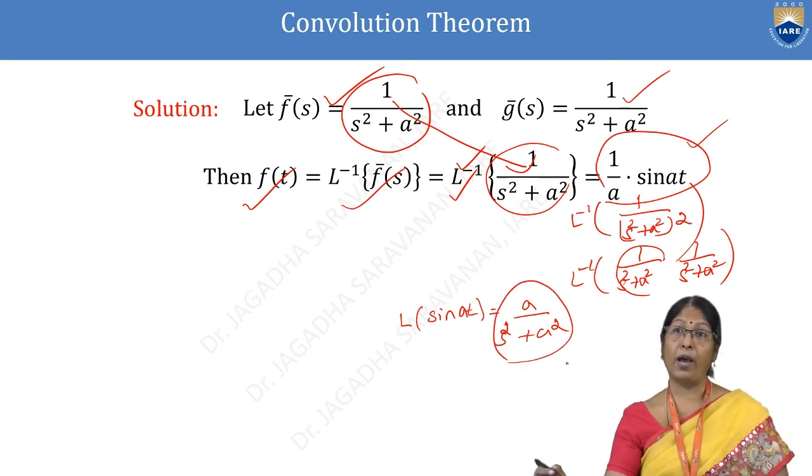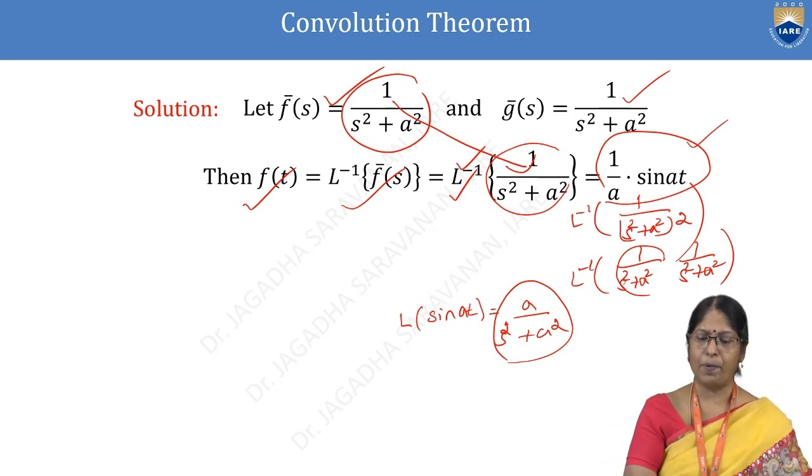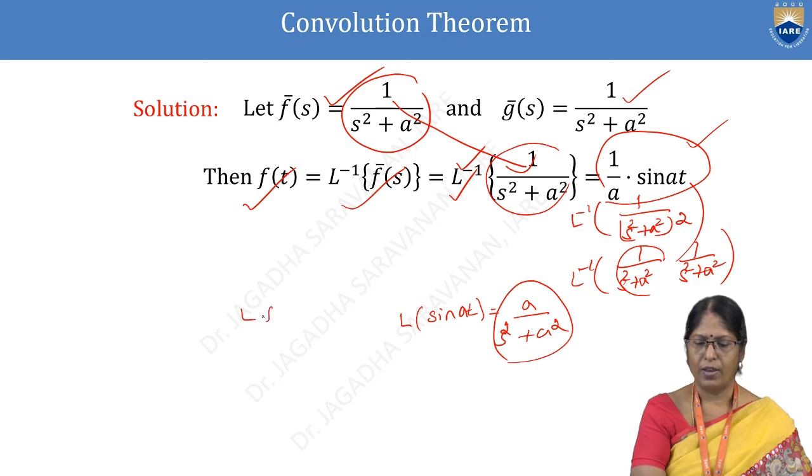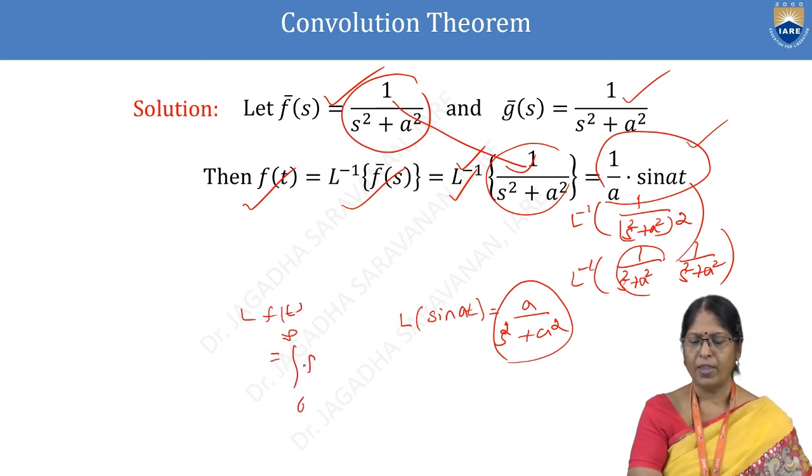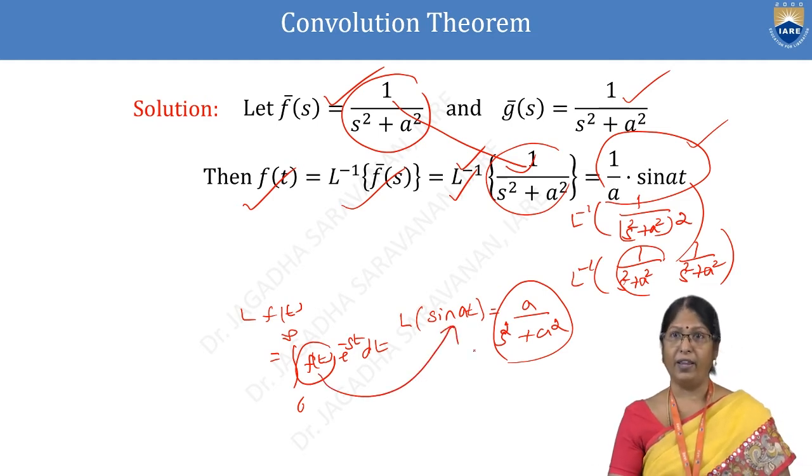Again we have to go back to the Laplace transform formula. That is, L of f of t is nothing but the integral from 0 to infinity of f of t multiplied by e power minus st dt. This f of t is playing the role of sin at.